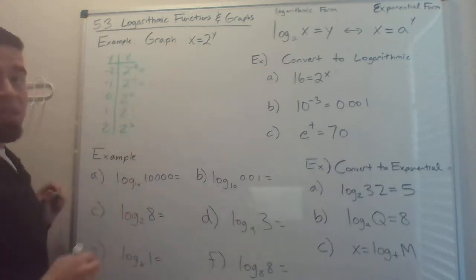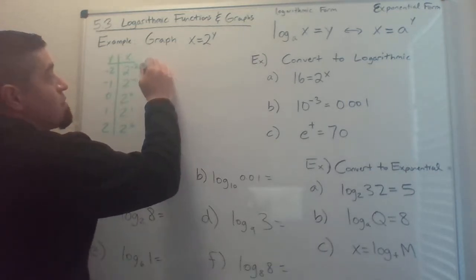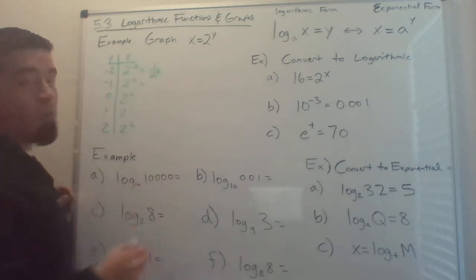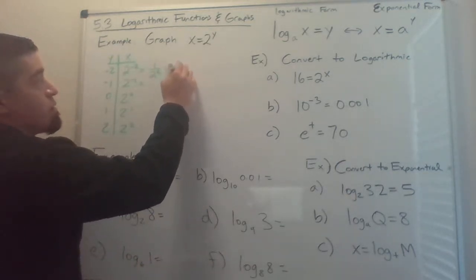So we'll start with 2 to the -2. With my negative exponent properties, I know that 2 to the -2 is actually 1 over 2 squared, and 1 over 2 squared is just 1 over 4.